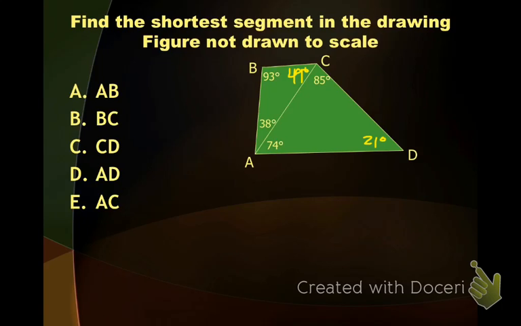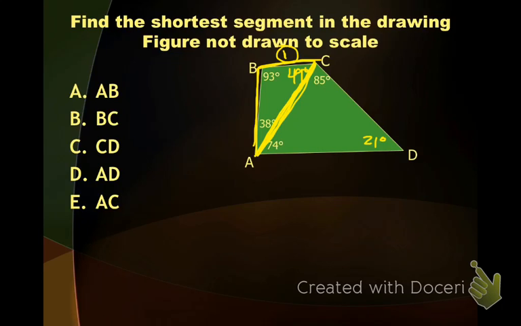So now comparing angle measurements to side lengths, here in triangle ABC, we have the shortest side being BC. It's opposite the shortest angle, 38. BC is the shortest side. BC is shorter than AC, in fact, because AC is opposite the largest angle in that triangle.